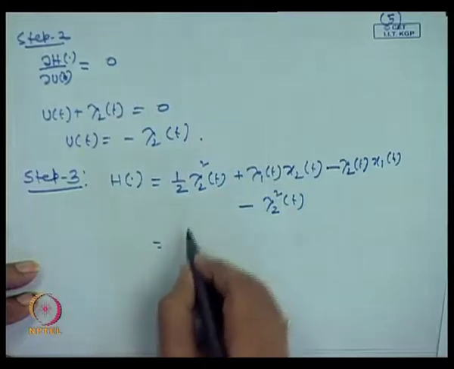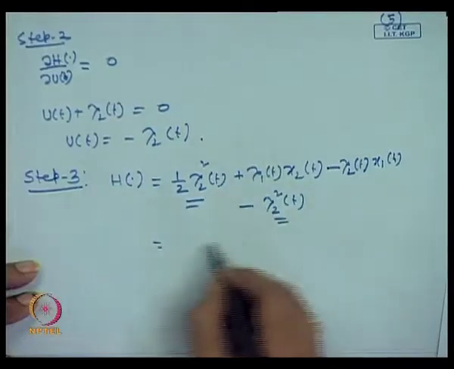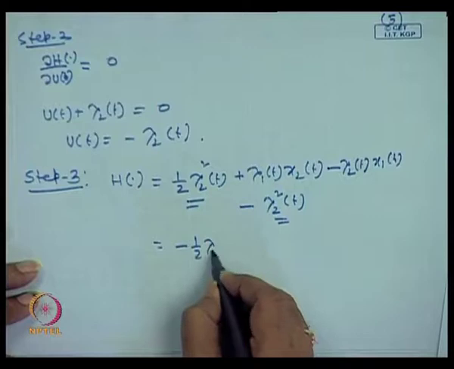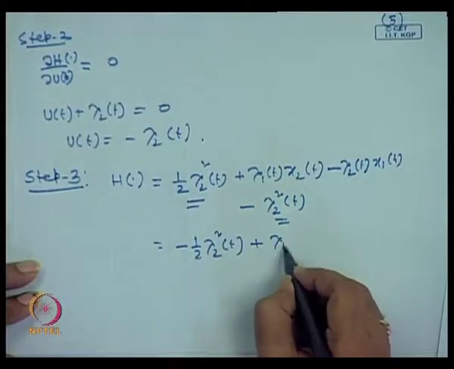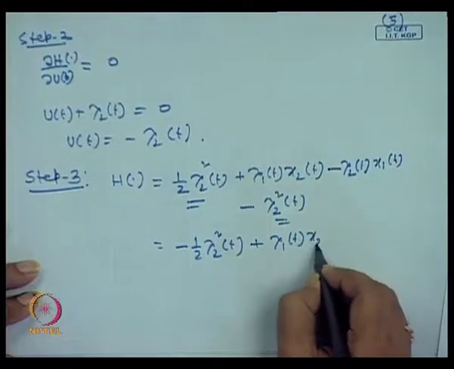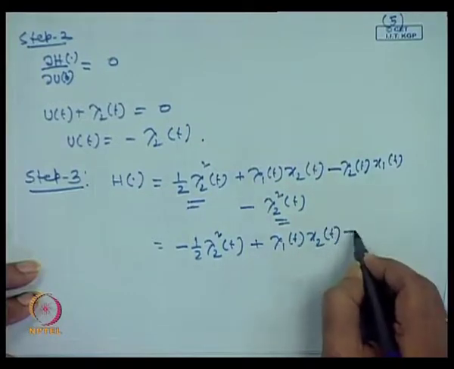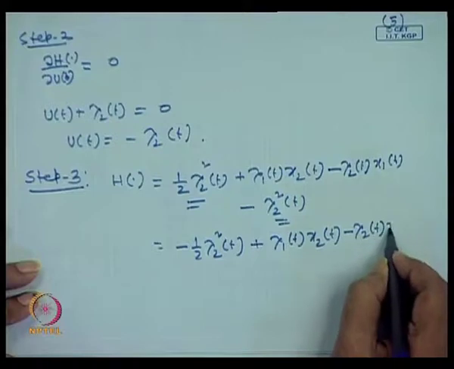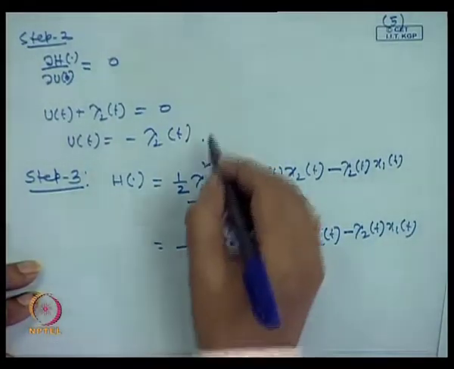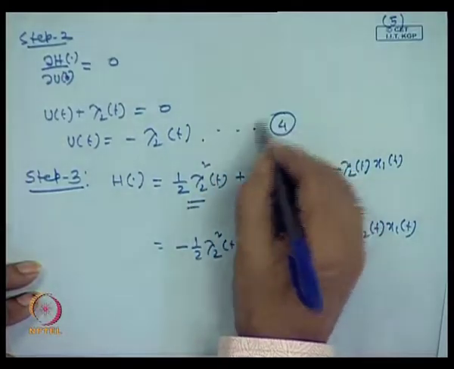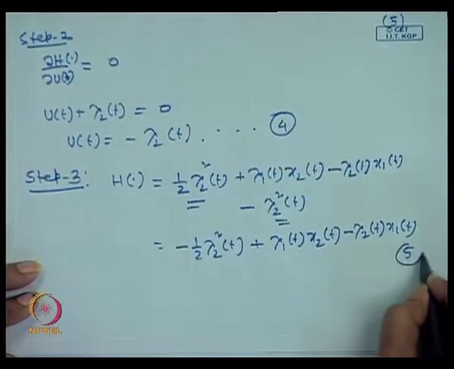If you simplify this, it will be minus half lambda 2 squared of t, and the other terms as they are, lambda 2 of t x 1 of t. Let us call this equation number 4 and this equation number 5.